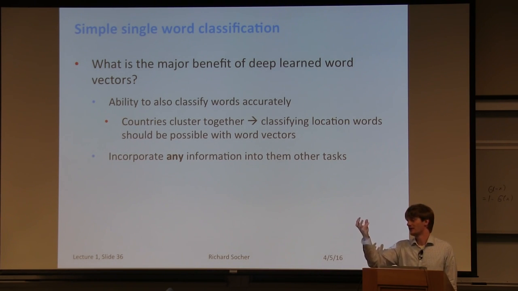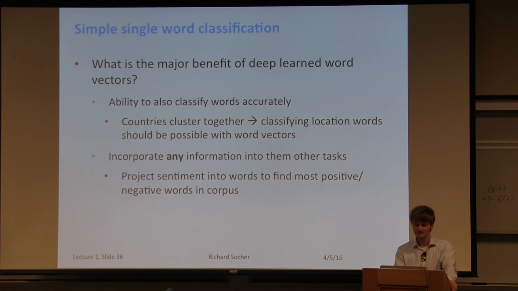If all the location names cluster together, it makes it much easier for the classifier to find locations, and build a sort of decision boundary around all the word vectors that are locations. It's also amazing that we showed in many different papers that word vectors can really capture facts, discrete kinds of facts, and you can later query these facts from the word vectors.